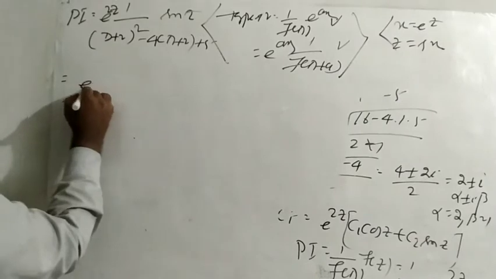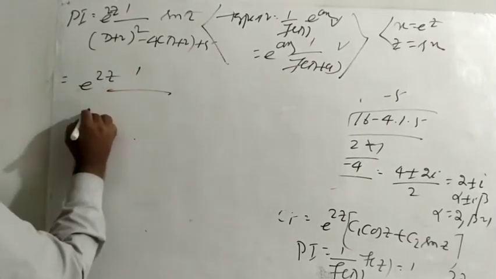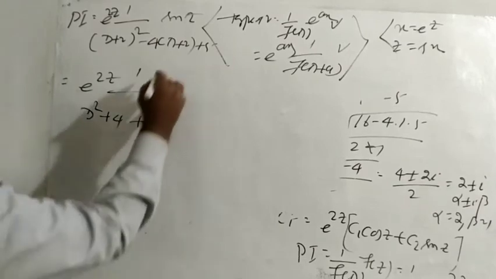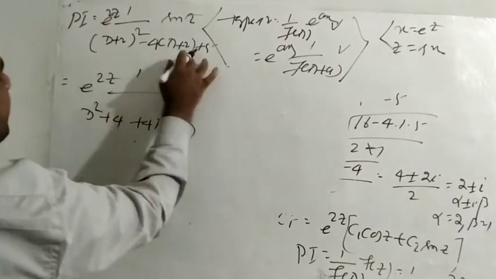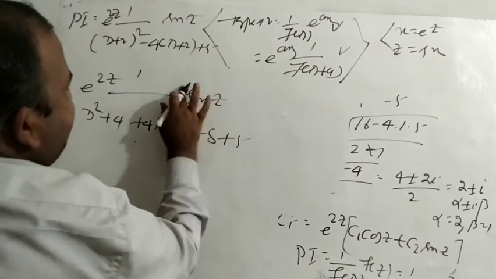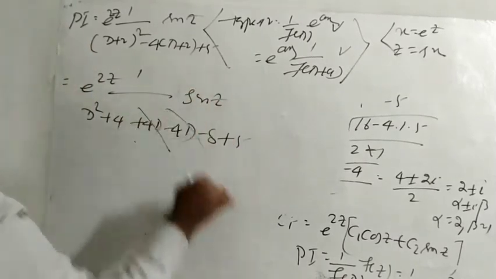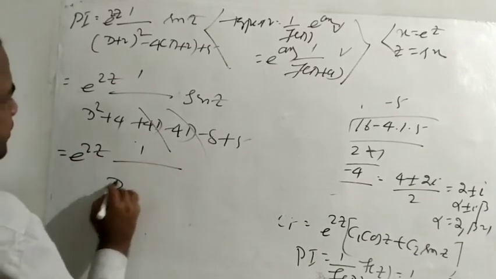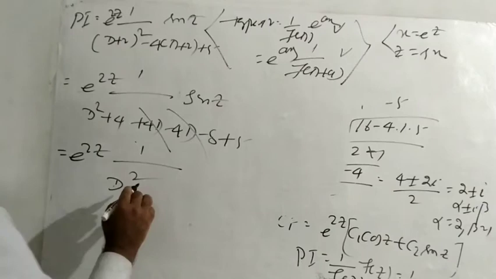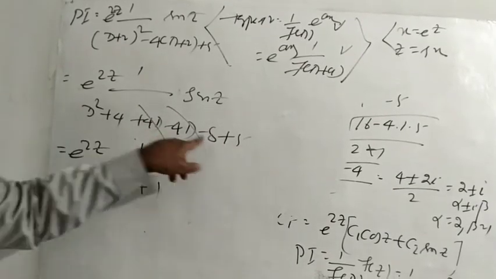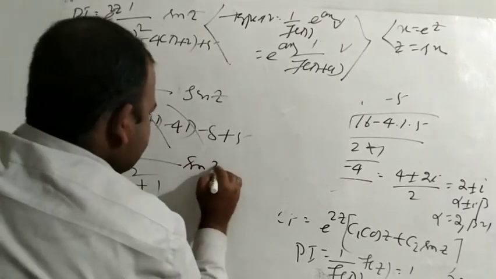So this is e raised to 2z 1 upon d square plus 4 plus 4d minus 4d minus 8 plus 5 into sin z. Plus 4d minus 4d is cancelled. So this is e raised to 2z, d square plus 1. 5 plus 4 is 9, 9 minus 8 is 1, so d square plus 1 into sin z.